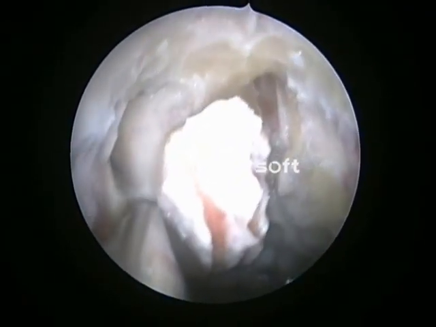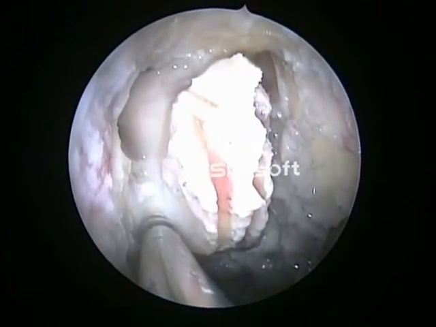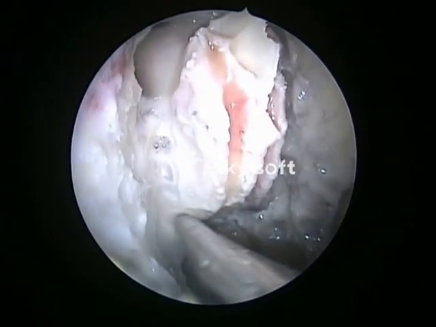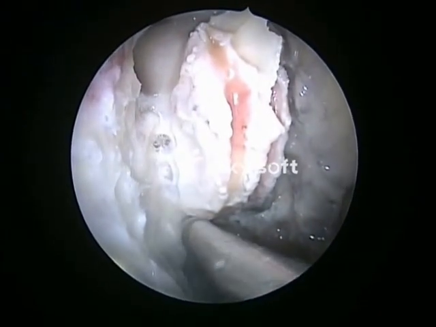A diamond burr is used to drill out the bone and delineate the dura, and then cautery is used to cauterize the dura, and finally the dura is incised and the skull base is removed en bloc.